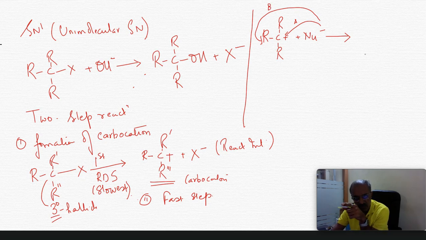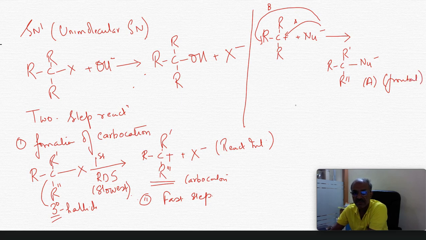So if it attacks from the frontal position, that is A, then the product will be R, R double dash, nucleophile. Take for example by path A, when it attacks on the frontal position.